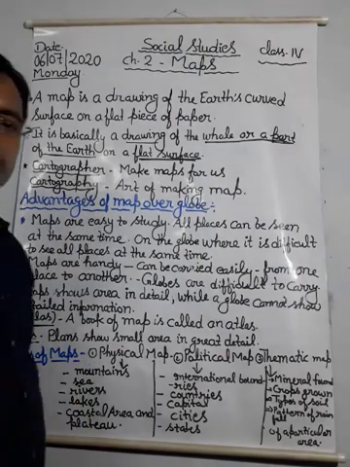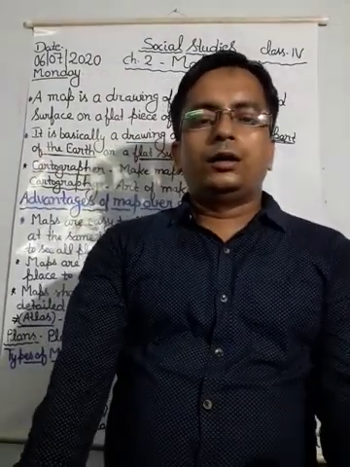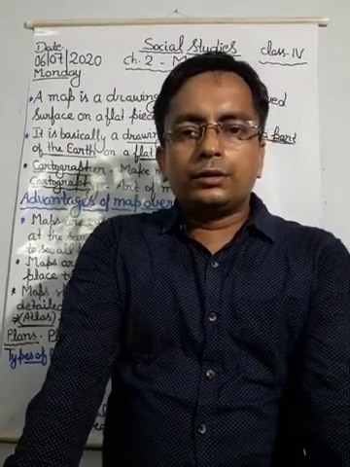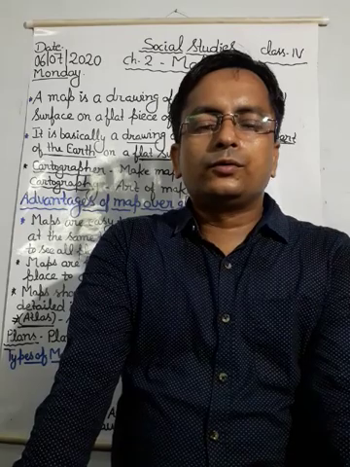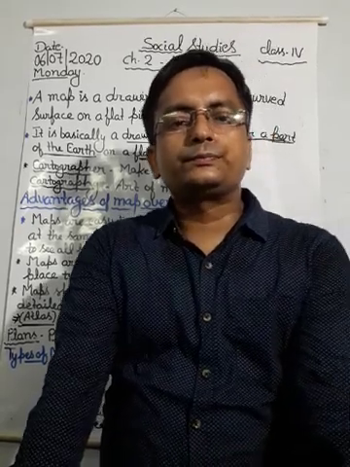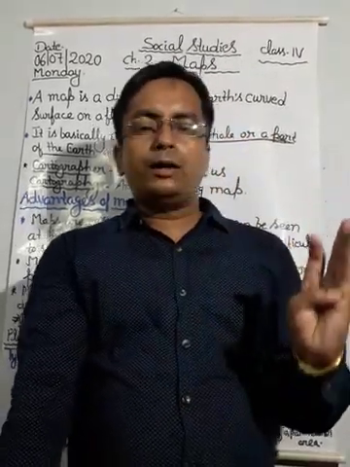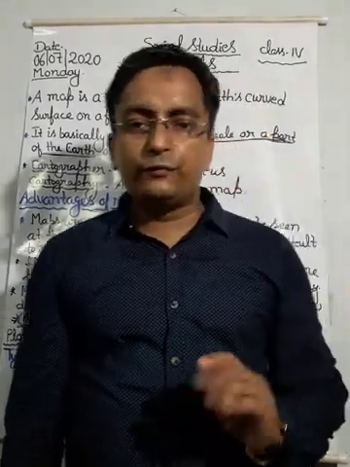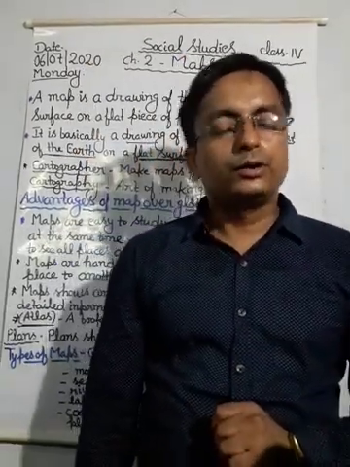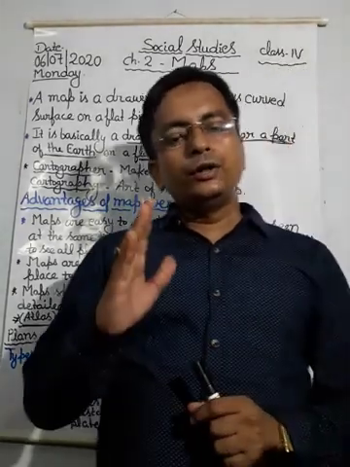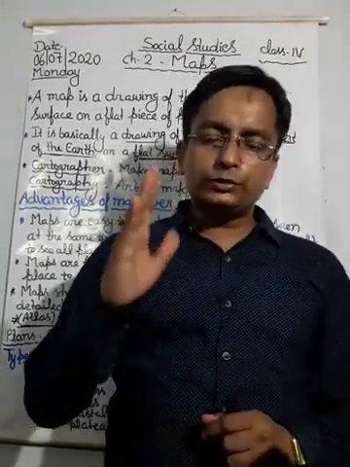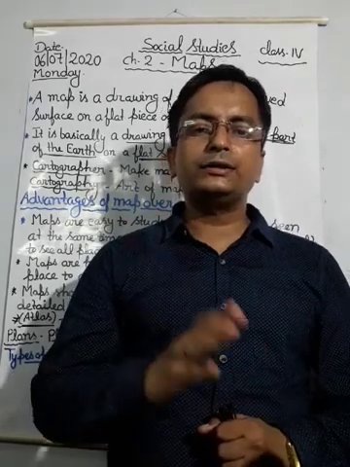Dear student, there are basically three types of map. First one is political map, then physical map, and then thematic map. Three maps are there, and we locate and draw different things.